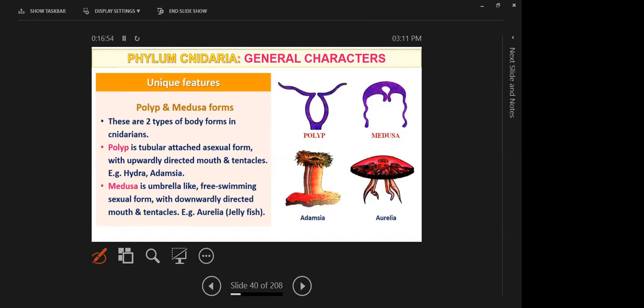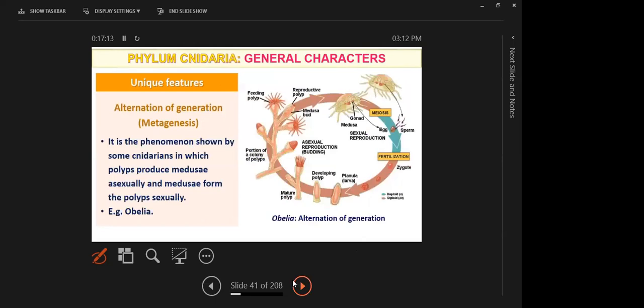So this is medusa and this is polyp. Medusa is umbrella-like, free swimming, a sexual form with the mouth and tentacles pointing downward. In polyp, the mouth and tentacles point upward.